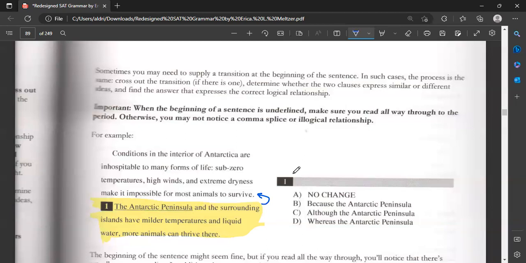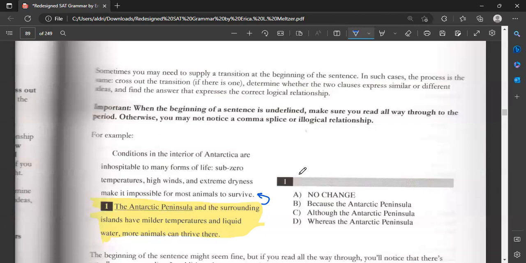If "whereas" was a transition between the sentences in blue, the arrow that I've just drawn, and what I've highlighted, and the sentence ended on maybe "for most animals to survive, whereas the Antarctic Peninsula can host a lot of animals," that would make a bit more sense.